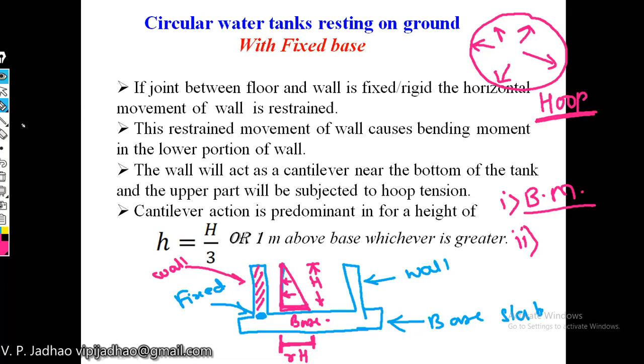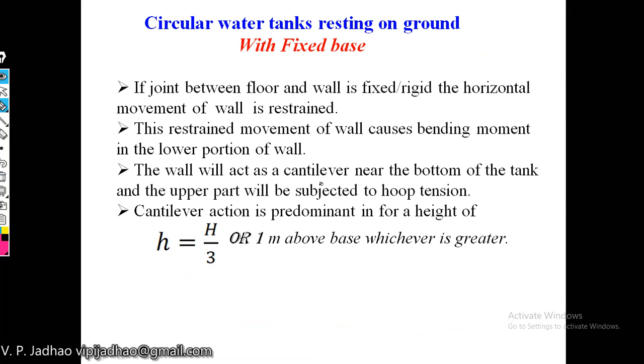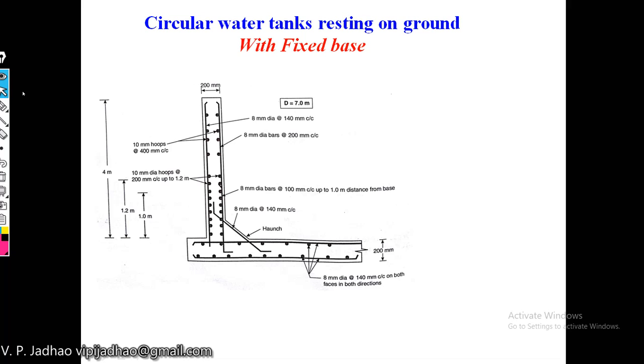Now we have to fix the amount of this hoop tension and bending moment, and up to what height these two will be acting. As the movement of this wall is restrained, you can see here, we are providing fixity here for the wall, and the wall is subjected to lateral pressure from the water.